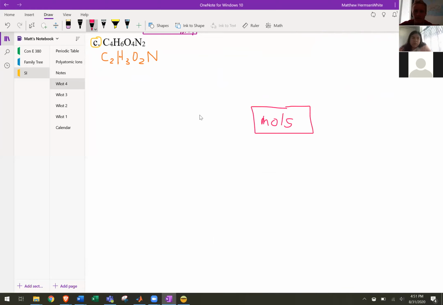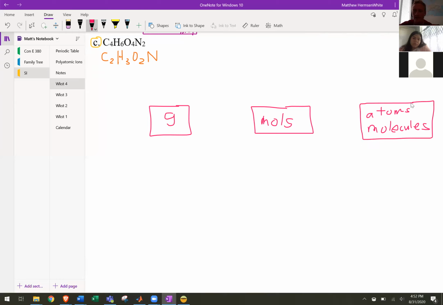So there's 3 things we're going to be dealing with: grams, moles, and atoms and molecules. So there's 3 states. We can either have the number of grams, the number of moles, or the number of atoms and molecules. And we can go back and forth between these using our molar mass and Avogadro's number.